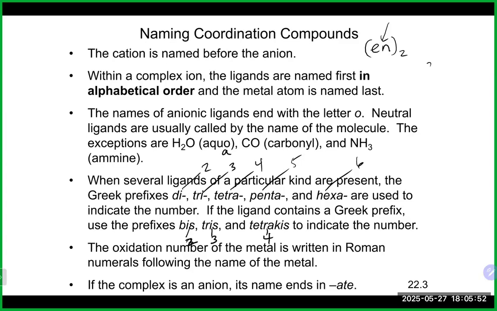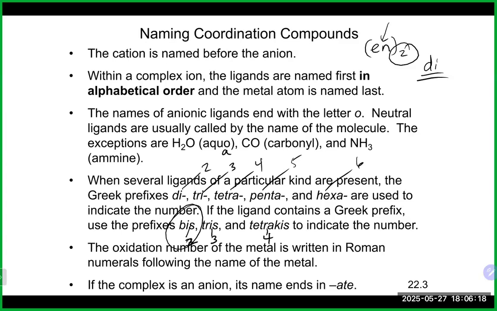Since it has the word di in its actual name, if you had 2 of them, you would call it bis(ethylenediamine) instead of diethylenediamine. So again, if the ligand itself has some type of prefix in it, you have to roll with bis, tris, and tetrakis if necessary. Craziness, who made up this stuff?